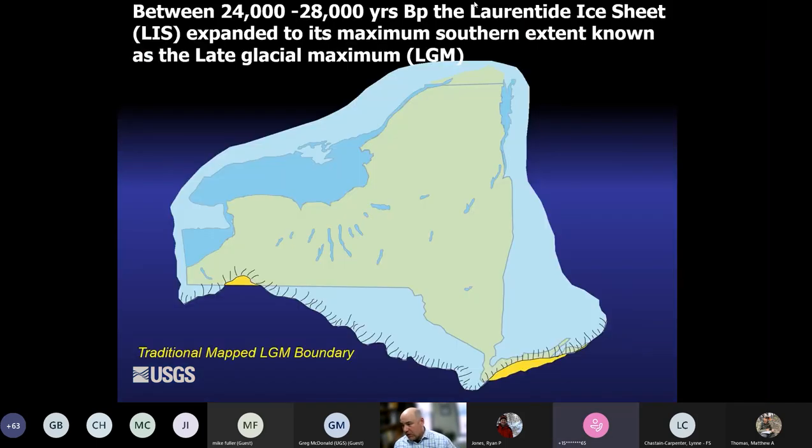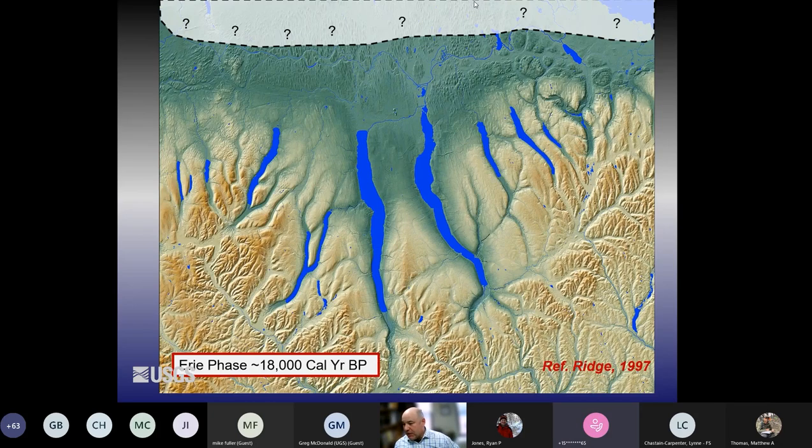So, an overview of glaciation, according to our typical mapping, is that during the late glacial maximum, all of the state was covered with ice except for a small part of western New York and southern Long Island, by the Laurentide ice sheet. I'll try and rifle through these and get caught up a little bit. There's a period of time known as the Erie phase, where the ice deglaciates out of the Finger Lakes region completely and restores drainage to the Mohawk River Valley.